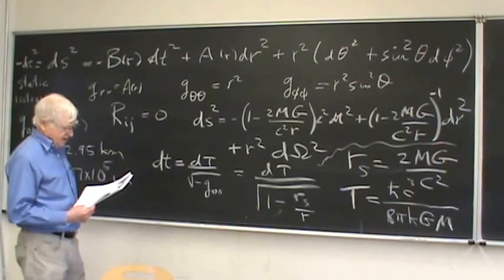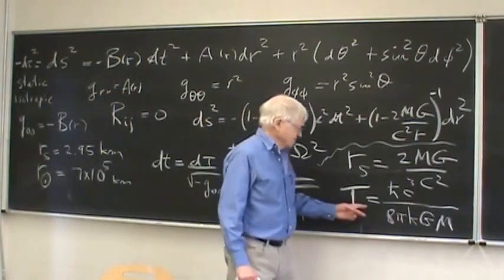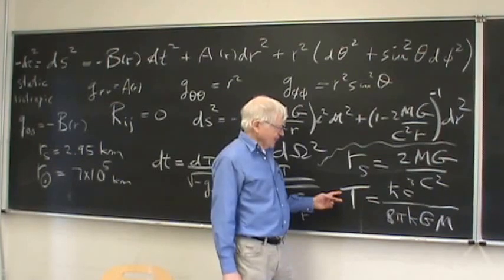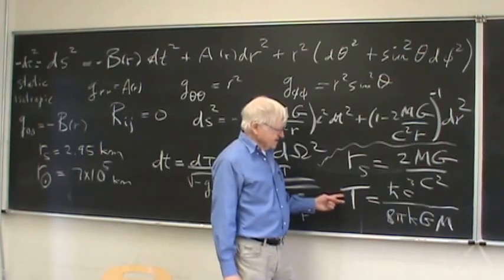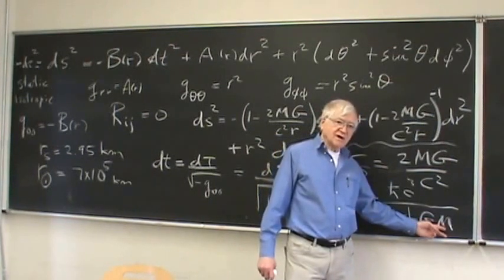Wait a minute, I'm sorry, this is the temperature. Yeah, I was just looking at this. So this is the temperature. And so what you have is that the temperature is pretty low for a really massive black hole.